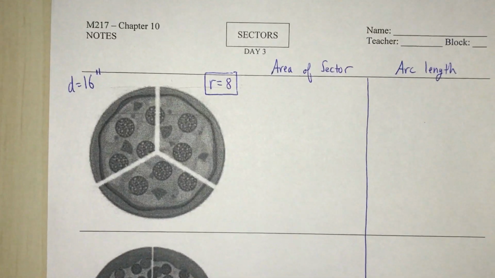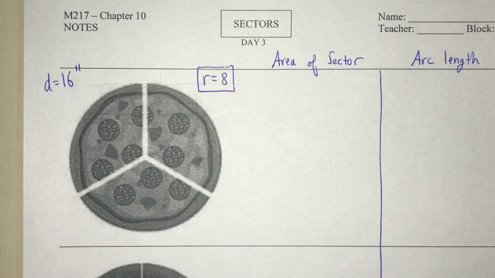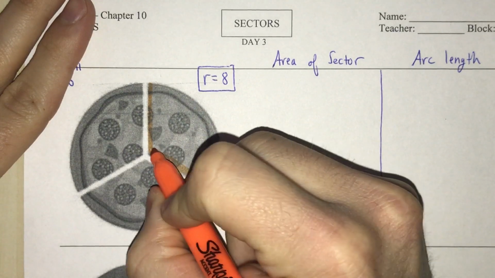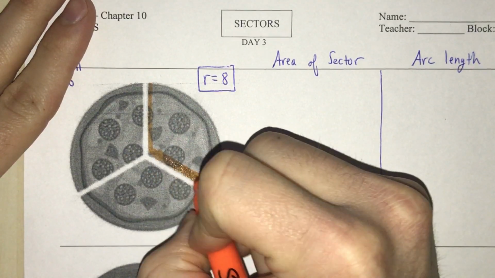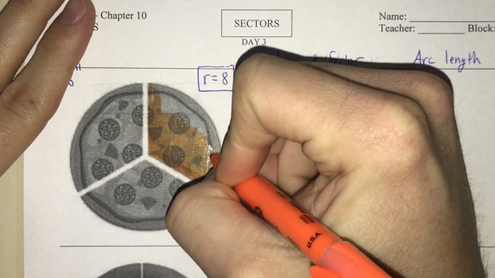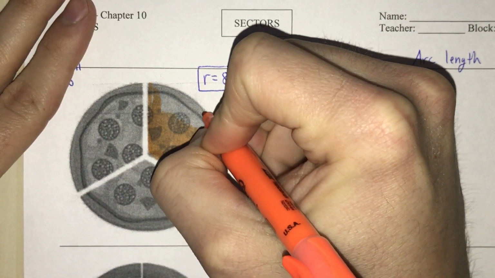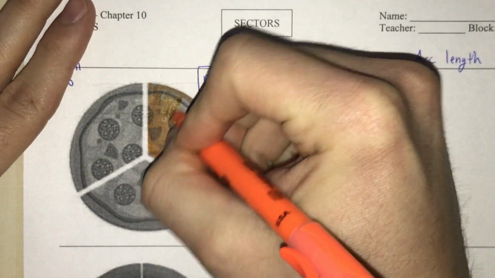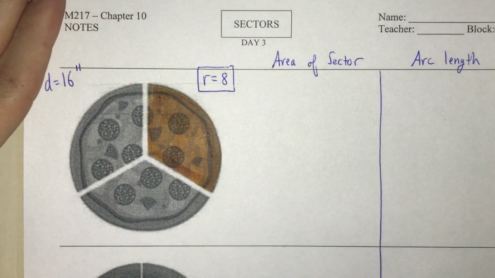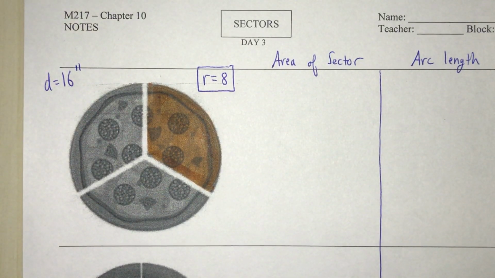Okay, I'll zoom in a little bit. Now that's better. What we're focusing on is one slice of this pizza. In this first problem, I'm only worried about the one slice. Depends on the problem, if I give you a bigger slice or smaller slice, but for right now, we're only working with one slice, okay? Just that slice.